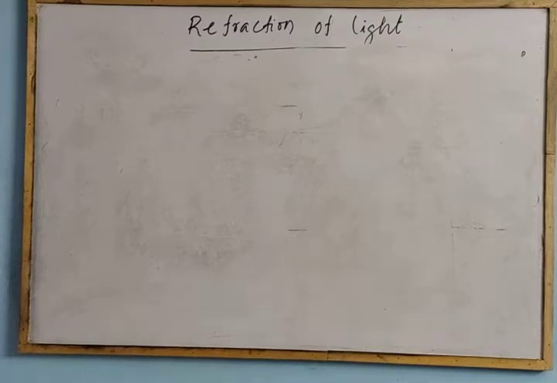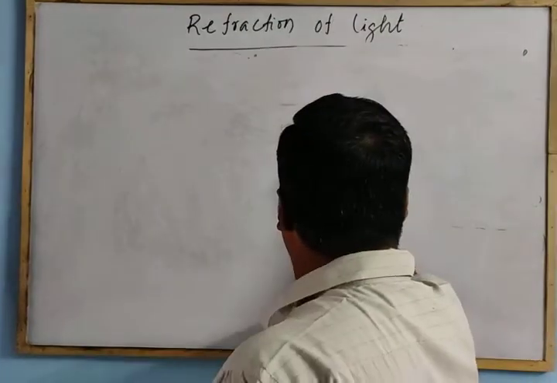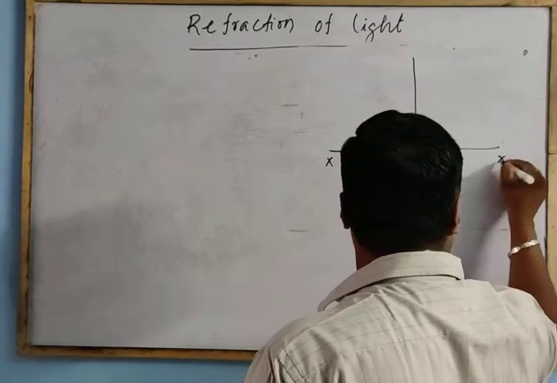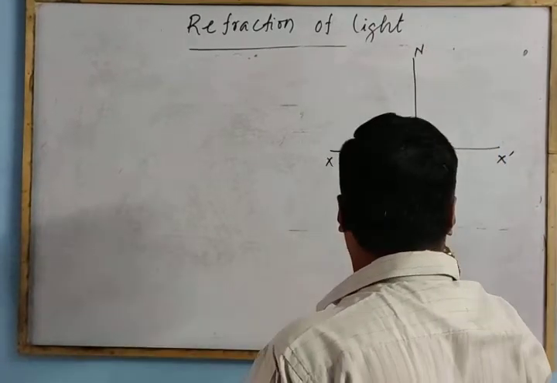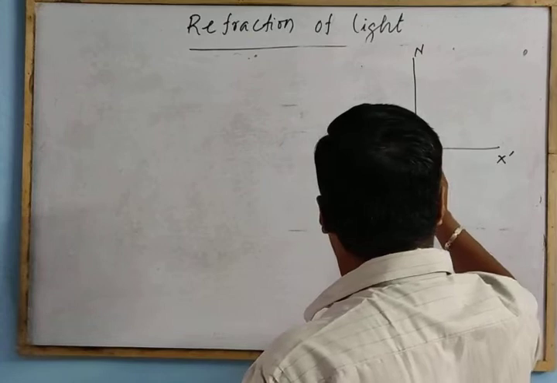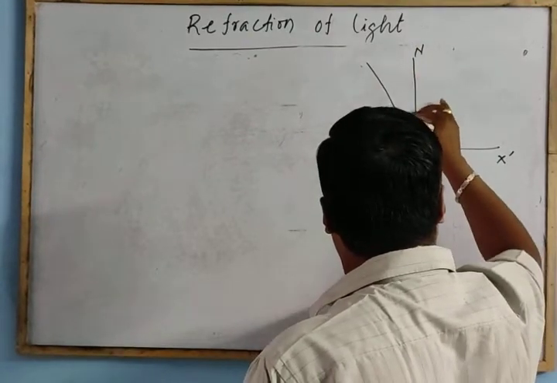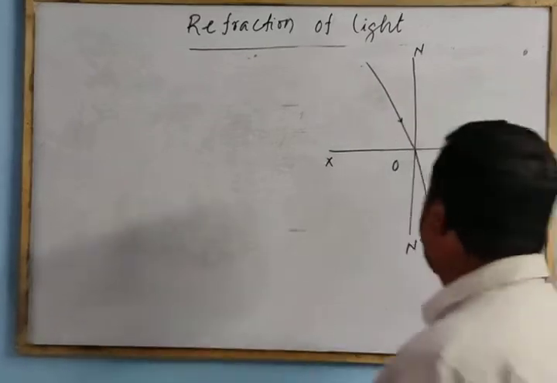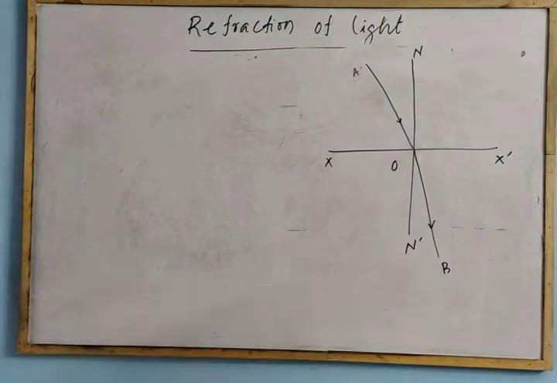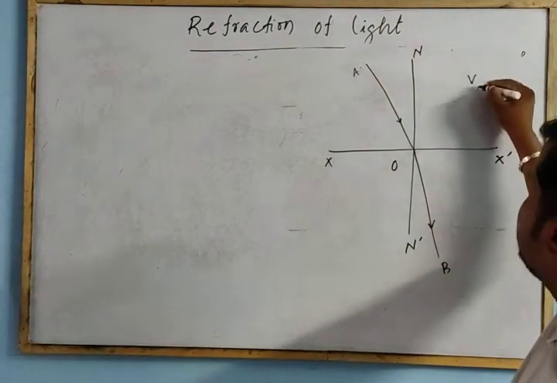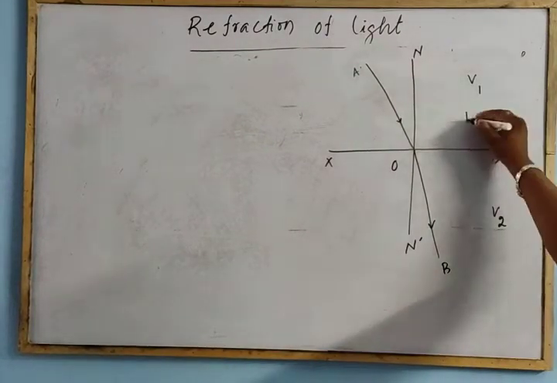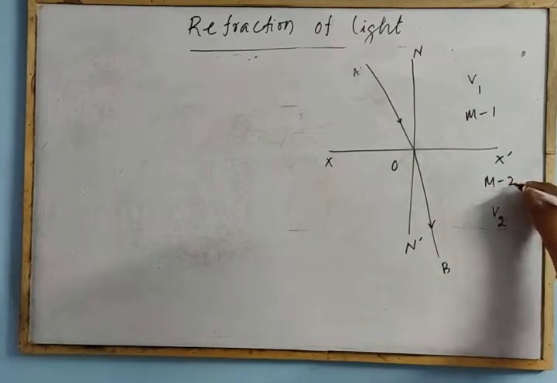Let us consider, suppose this is the XO line and this is the normal NS, and let a ray of light incident and it refracted. AO is the incident ray, OB is the refracted ray. Let the speed of light in this medium be V1, the speed of light in this medium be V2. Clear? And let this be medium 1, and this be medium 2.